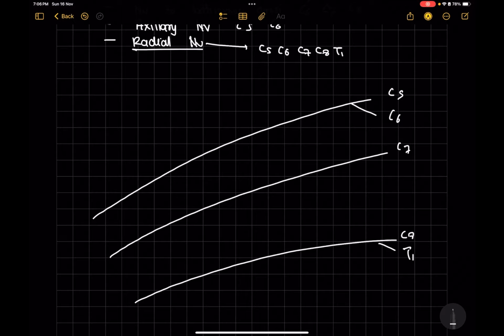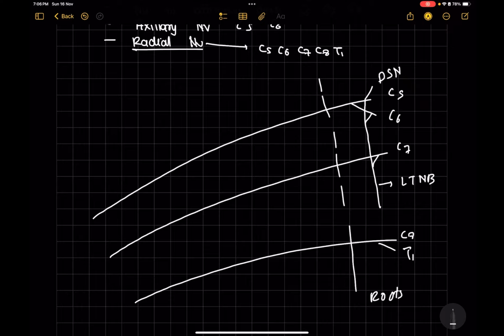Now I told you initially that nerves also arise from the roots. So yes, this is one nerve that is arising from your root. It arises from C5, it also arises from C6, and it is also coming from C7. What nerve could this be? This is the long thoracic nerve of Bell. Another nerve also arises from C5. That nerve is the dorsal scapular nerve.